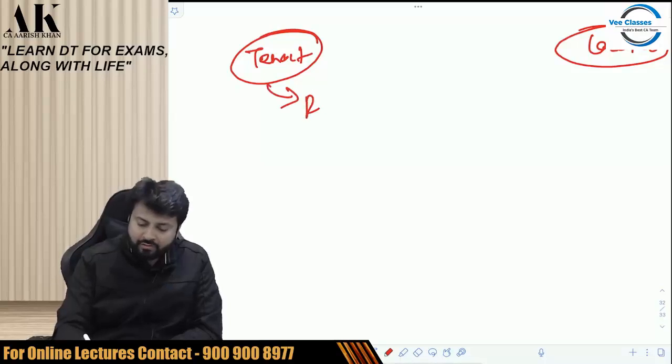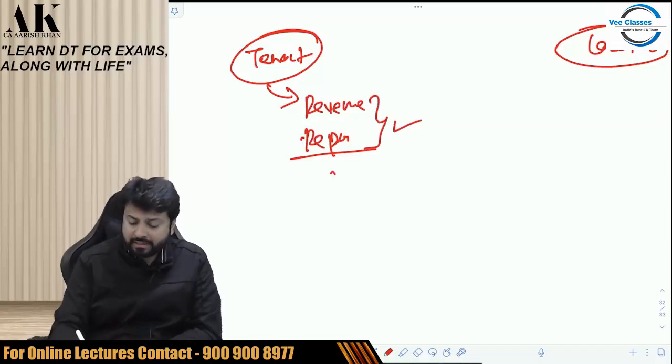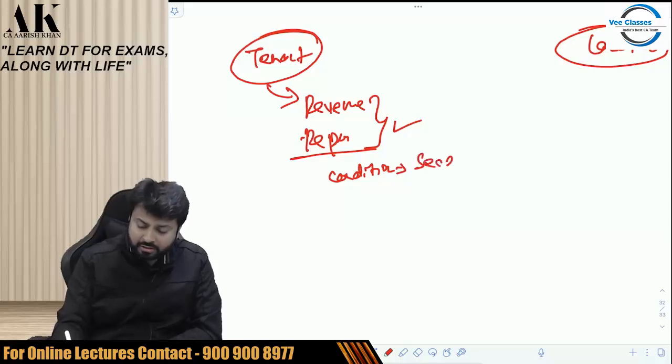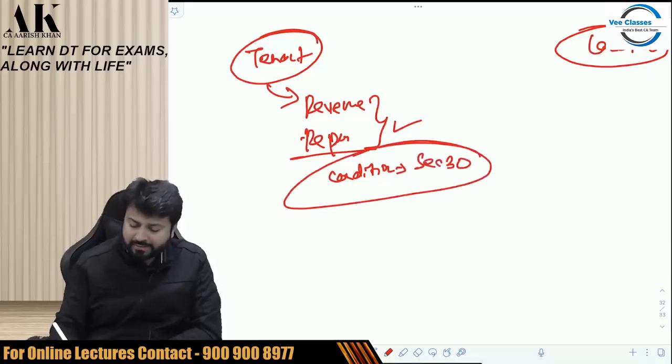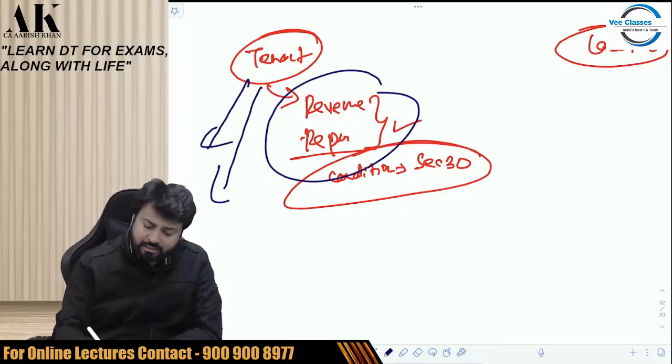And if I do a revenue repair, then it is allowed as a deduction. But there is one condition for that. Condition under section 30. The condition says that you will be allowed the deduction only if the tenant has undertaken to bear the cost of repair.